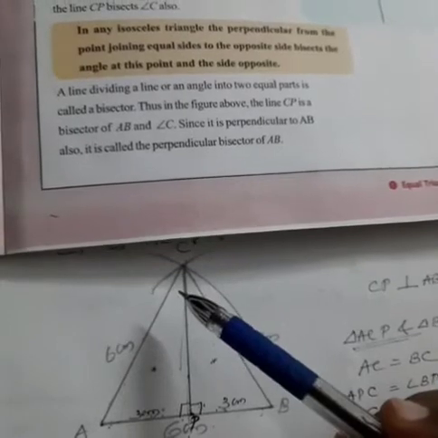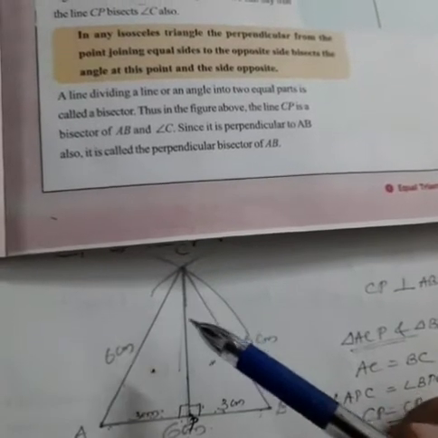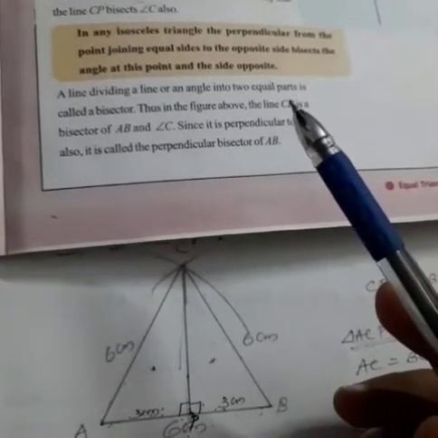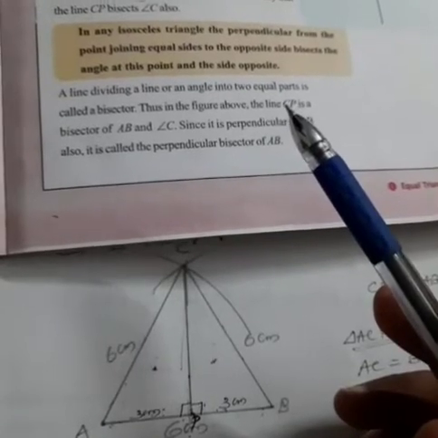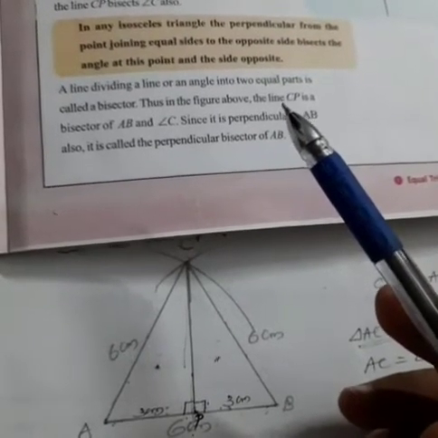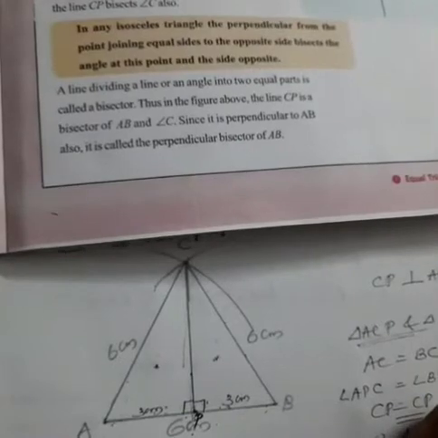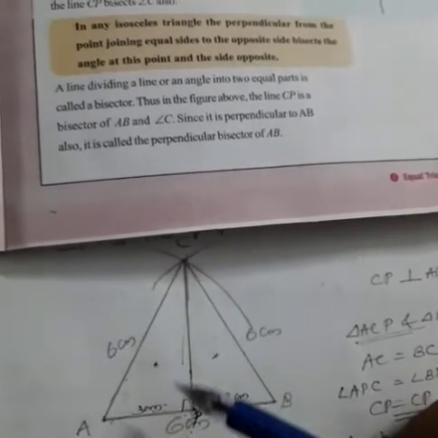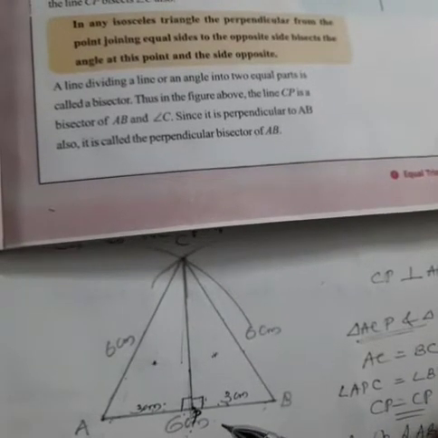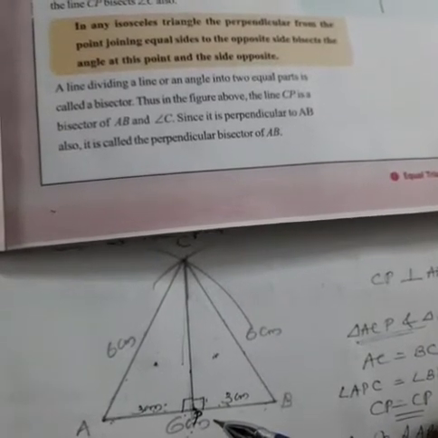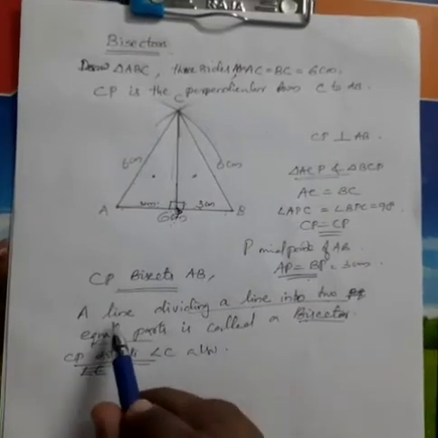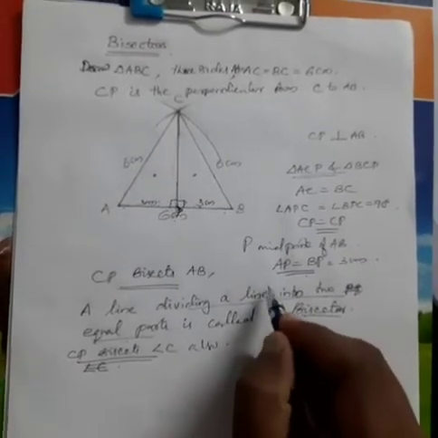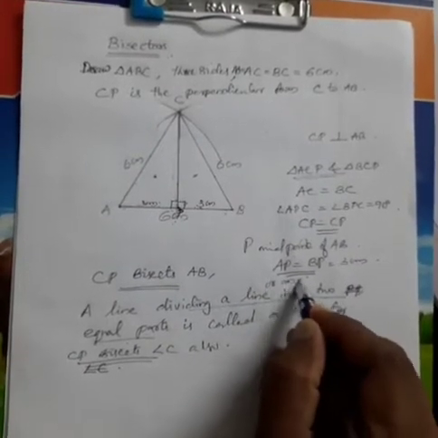So study this principle also. In any isosceles triangle, the perpendicular from the point joining equal sides to the opposite side bisects the angle at this point and the side opposite. Here you can include one more.